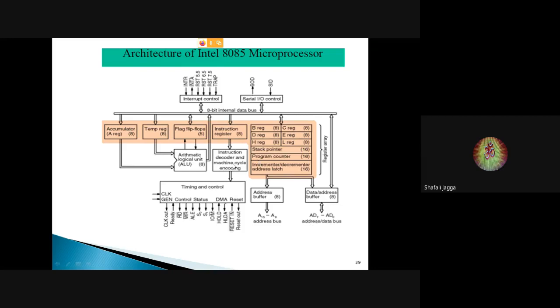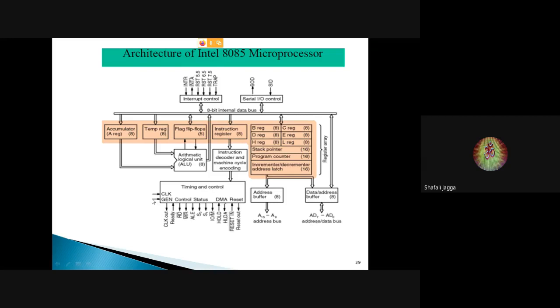Then we talk about the signals given to the timing and control unit. The timing and control unit gets these two signals where an external crystal oscillator is connected, which is used for generation of the clock frequency on which all the operations are carried out. All the operations are synchronized with respect to the clock frequency.